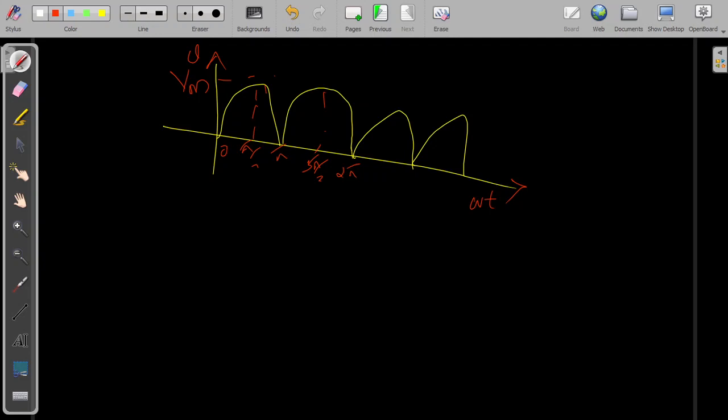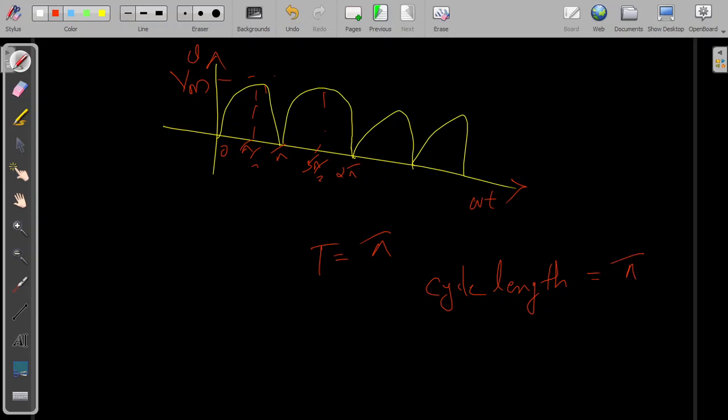That means from 0 to pi we have one cycle, and from pi to 2 pi the same values are repeating. So the time period here is pi, that is, the cycle length is equal to pi.